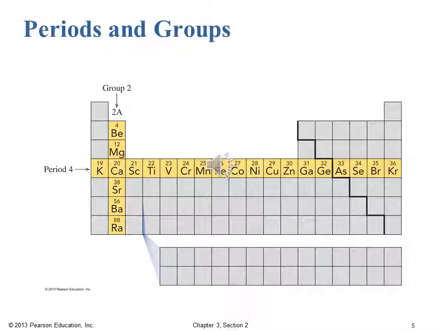We have that little area tucked down at the bottom, the rare earth elements, lanthanide and actinide series. We won't talk a whole lot about those in this course or in 142, but they are important for a lot of the technology that we use today, and they're tucked down there for reasons we will discuss when we get to a later chapter.